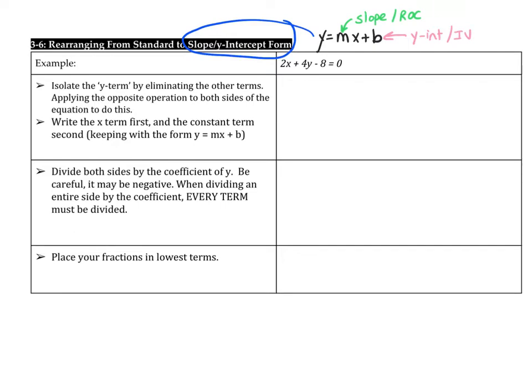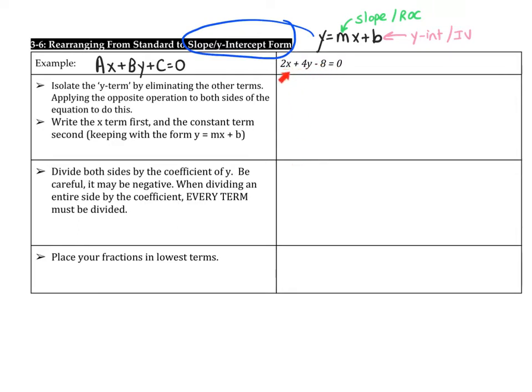Now, some of the graphs are actually in what is known as standard form, and standard form looks like the following. It looks like ax plus by plus c equals 0. That means everything is over to one side and equals 0 is on the other, just like this.